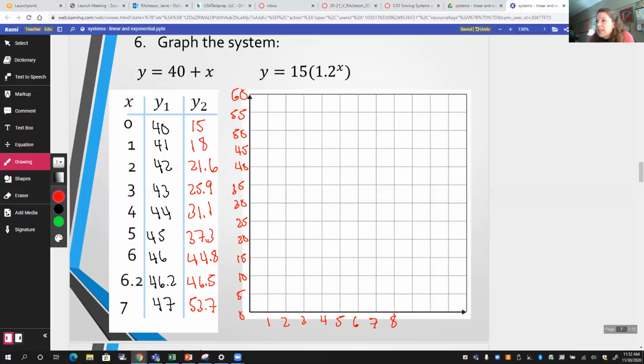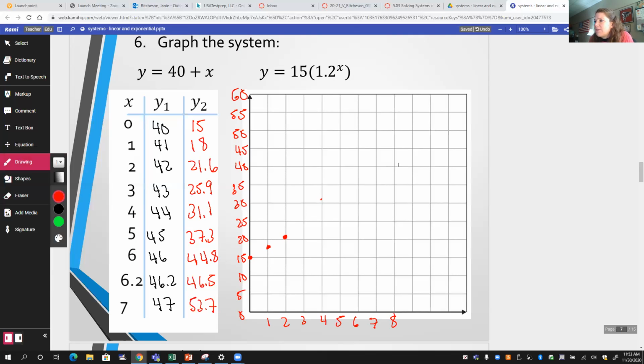So 0, 15, 1, 18, 2, 21.6, 25.9. It's really close to 30, isn't it? 4 is 31.5. Oh, that's way too high, isn't it? Whoops. All right. What was that?